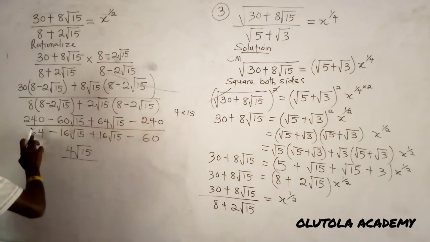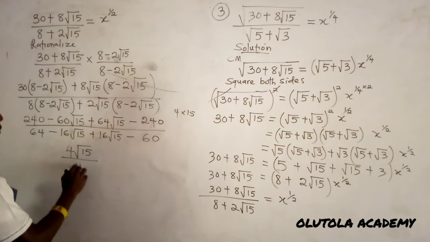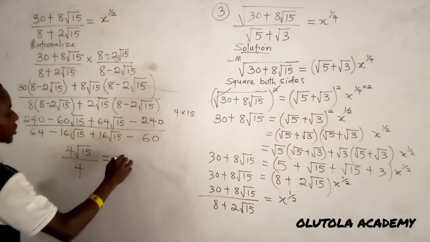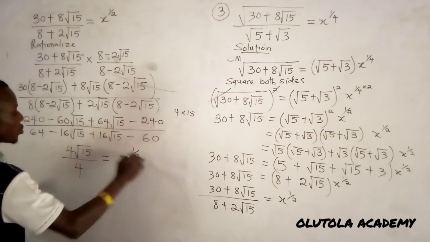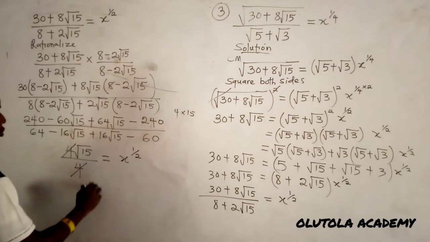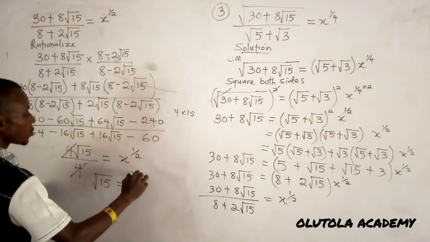Then 64 minus 60 will give me 4, equals, remember, x^(1/2). So I can cancel this out. So we have √15 equals x^(1/2).